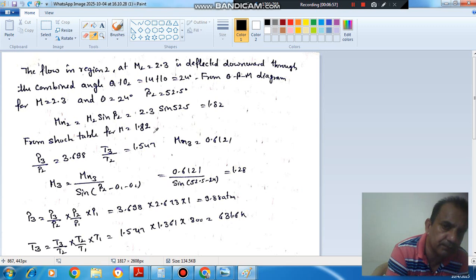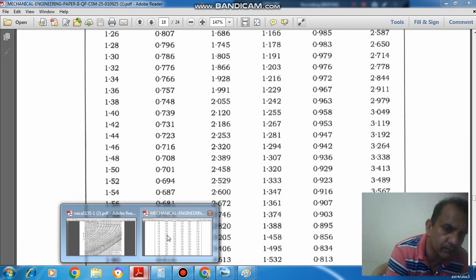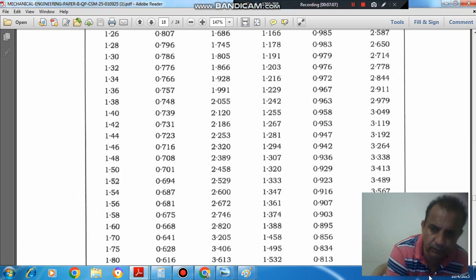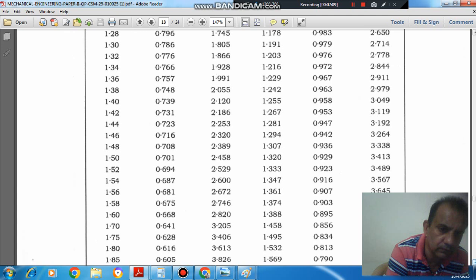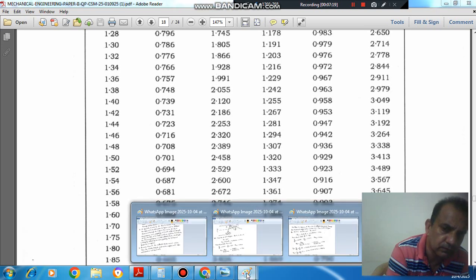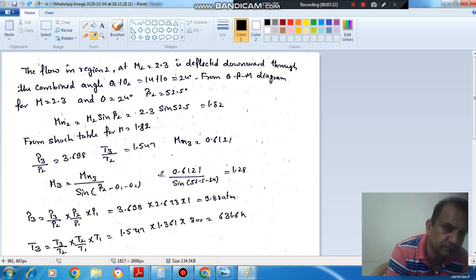For Mn 1.82, from the shock table we see 1.80 is there and after that 1.85, so we can make an interpolation. The pressure ratio will be 3.698 by interpolation, the temperature ratio is 1.547 and the Mach number Mn3 is 0.6121.